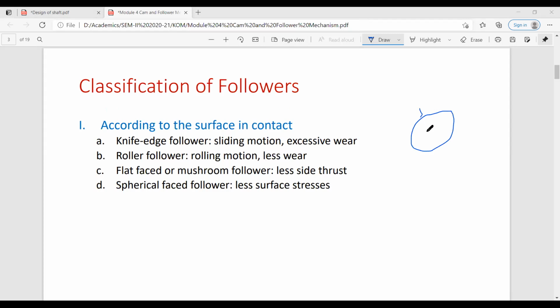Okay, so it is the cam and a follower is in contact. So say it is the follower.